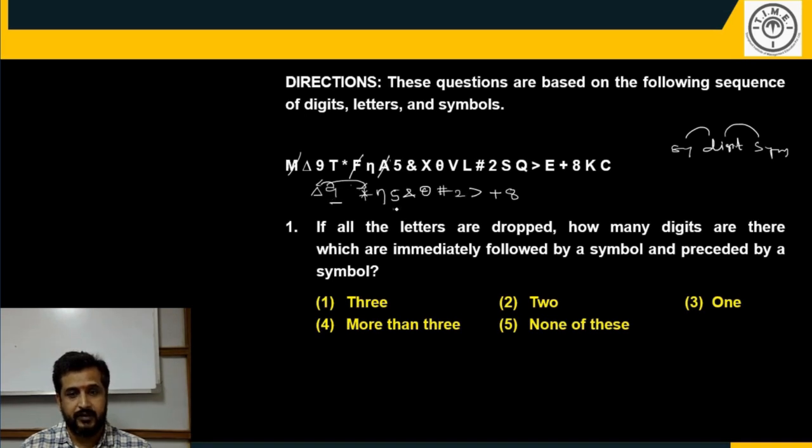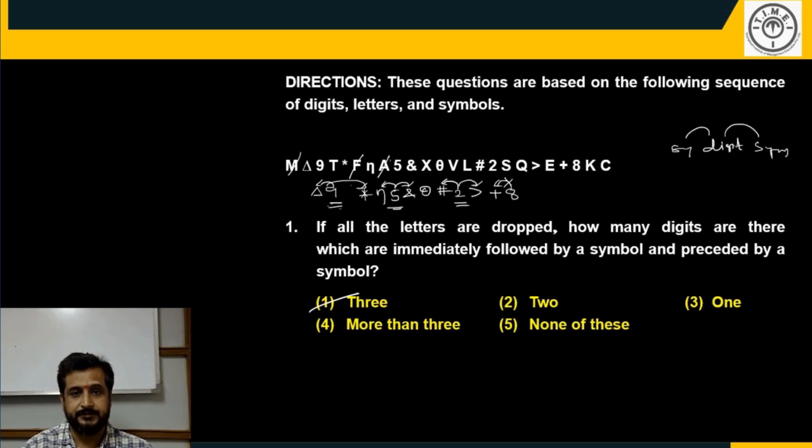Now 5 is also immediately preceded and immediately followed by a symbol. Next, 2 is also immediately preceded and immediately followed by a symbol. 8 is immediately preceded by a symbol, but what follows it we don't know, so 8 won't be taken into consideration. So the digits we can take are 9, 5 and 2. There are 3 digits which are immediately followed by a symbol and preceded by a symbol when all the letters are dropped.